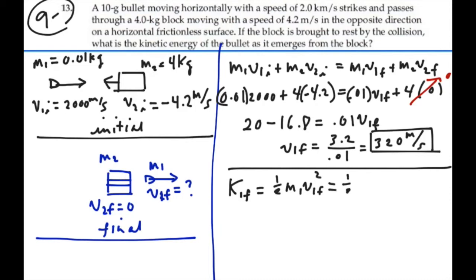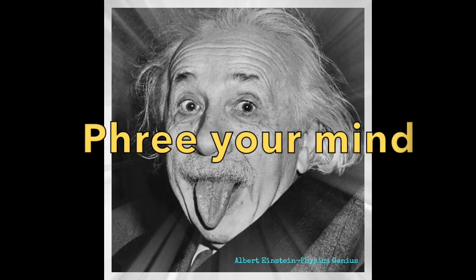That's going to be 1/2 times 0.01 times 320 squared, and that gives me 512 joules. So the kinetic energy of the bullet as it emerges from the block is 512 joules.